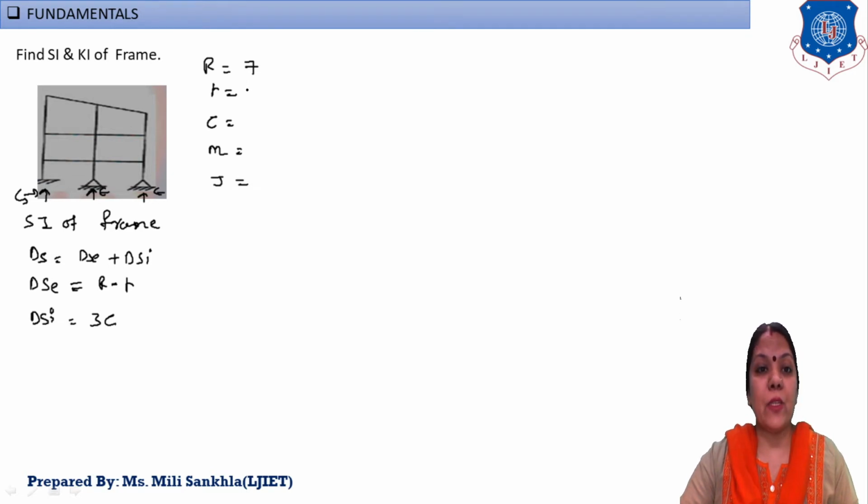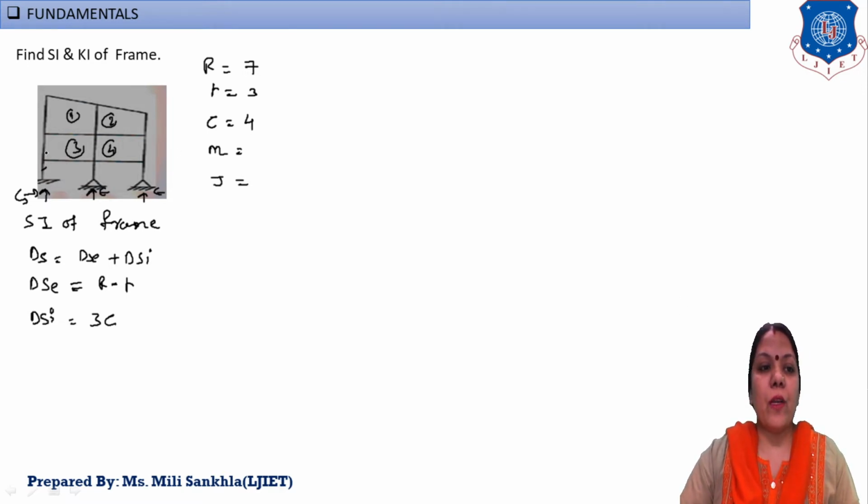Static equilibrium condition sigma h, sigma v and sigma m. C is equal to number of area enclosed by member of frame. Look at this. Here first area, here second area, third area and fourth area. That means this frame encloses 4 areas. C is equal to 4. Now M for member.